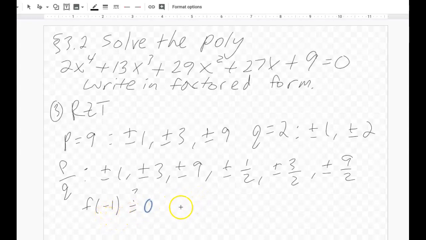Another way we can do this is to go straight to synthetic division. I don't really care which process you use. I'm going to stop the video here to make sure I have enough time to finish this. We'll pick up with testing the potential rational zeros.